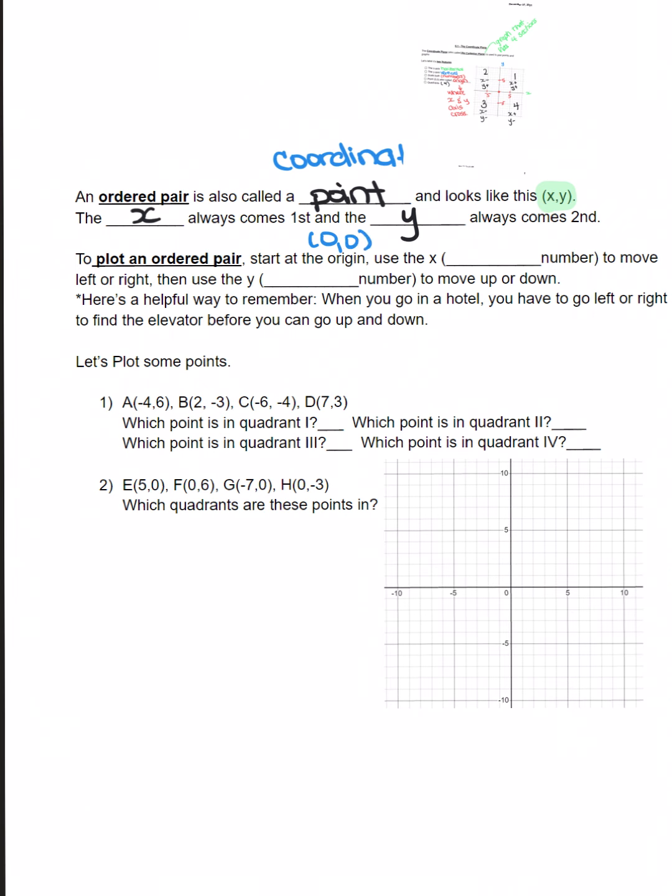And I'm going to use the X, which is my first number, to move left or right. If my X is positive, I'm going to move right. If my X is negative, I'm going to move left. Then I'm going to use my Y, which is the second number, to move up or down.